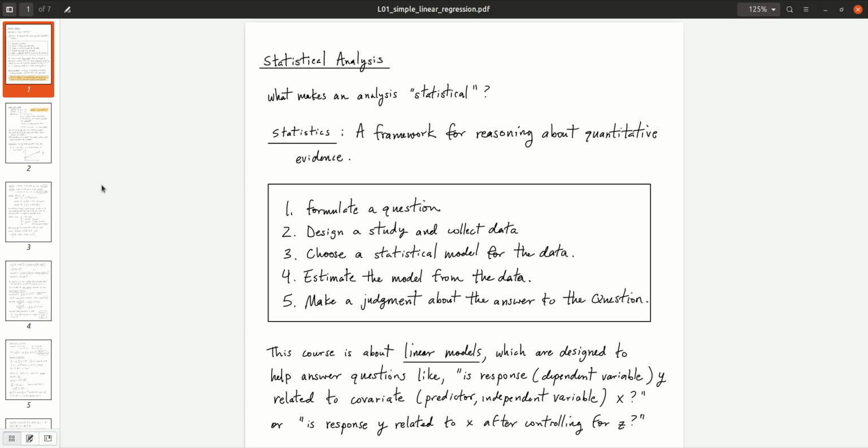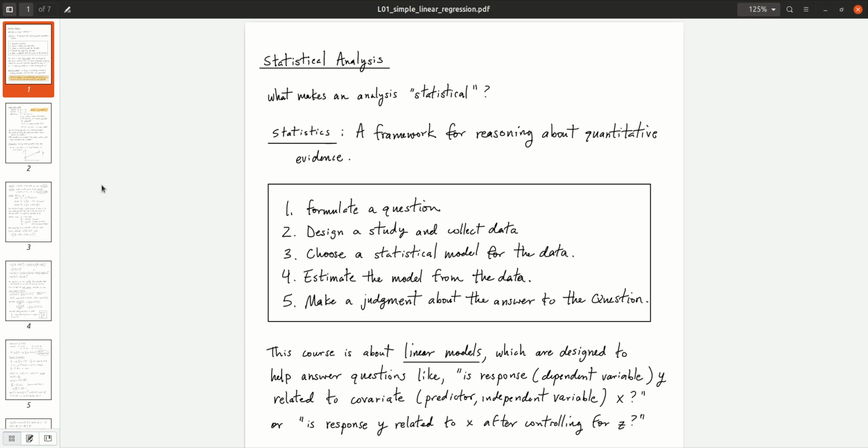Once you have your question, you design a study and collect data. And the third step is crucial for distinguishing an analysis from a statistical analysis: in a statistical analysis, we choose a statistical model for the data. And we'll say more about what that means in a minute.